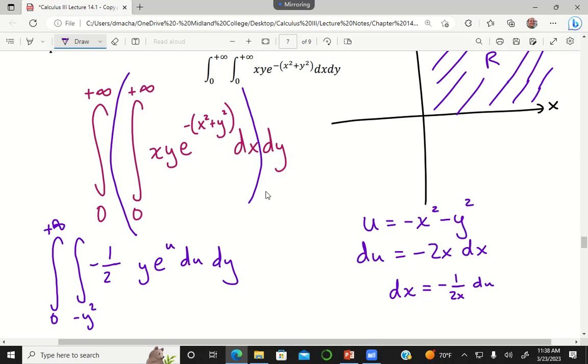And then if I plug in plus infinity for x, u would be negative infinity squared, or just negative infinity, minus y squared. So maybe that should be my upper bound, negative infinity minus y squared. See how that goes.